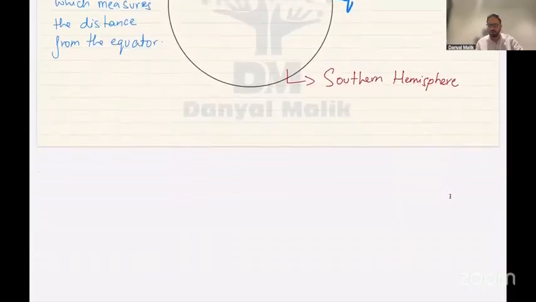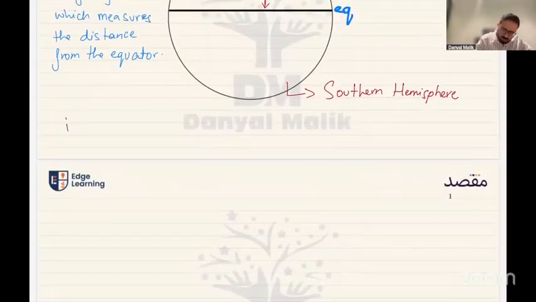Okay. Now, as per our syllabus, the Cambridge people have identified which values we have to learn. First of all, we have to learn 23.5 degrees north.